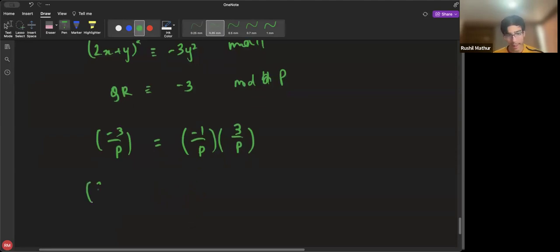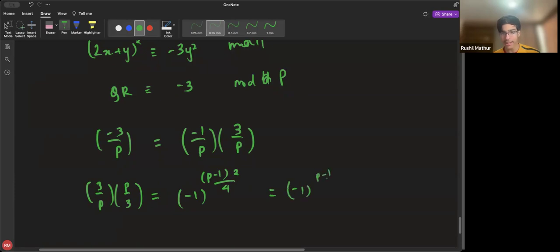We know that 3 by p times p by 3 is minus 1 to the power (p minus 1) times 2 over 4. So this is just minus 1 to the power (p minus 1) over 2. And the interesting thing is that minus 1 by p is also minus 1 to the power (p minus 1) over 2.